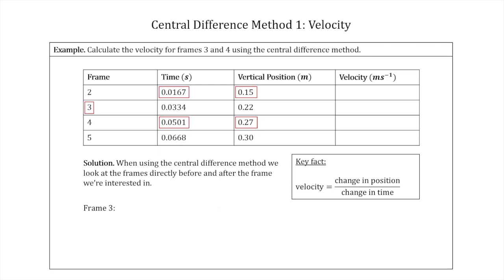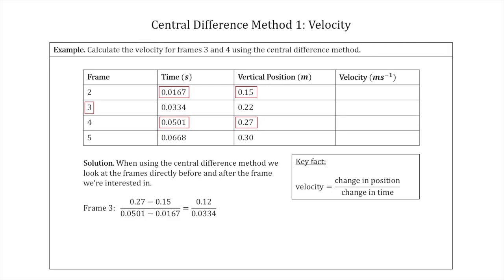We have change in position, so we subtract the old position, the position from frame 2, from the position in frame 4, and then for the change in time, we subtract the time in frame 2 from the time in frame 4. So we get 0.27 minus 0.15, that's the change in position, divided by 0.0501 minus 0.0167, that's the change in time.